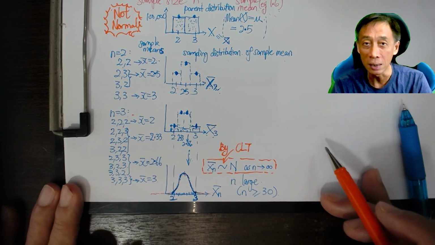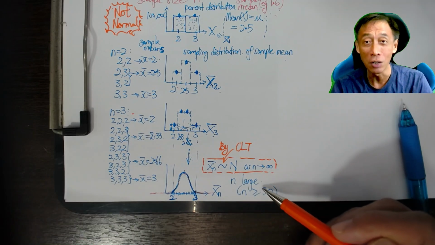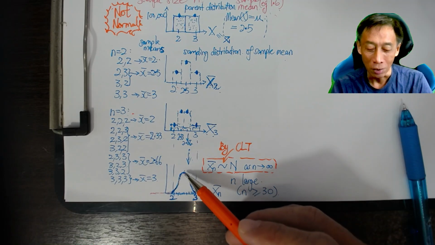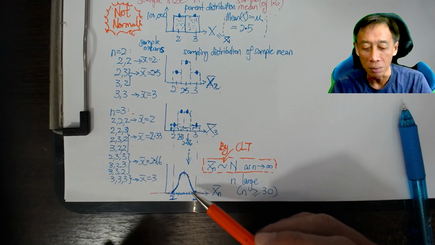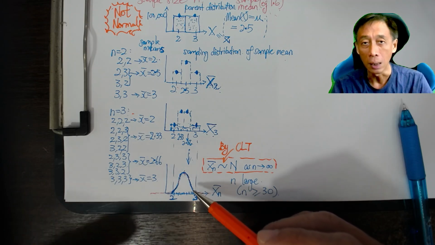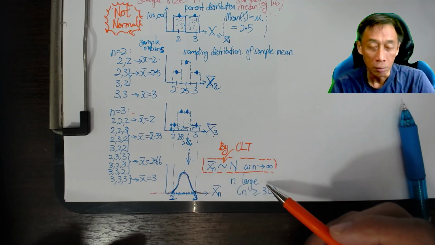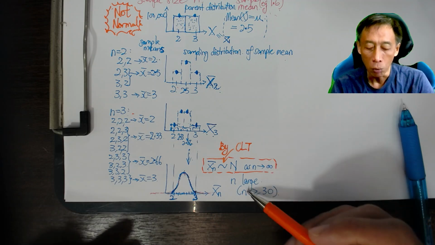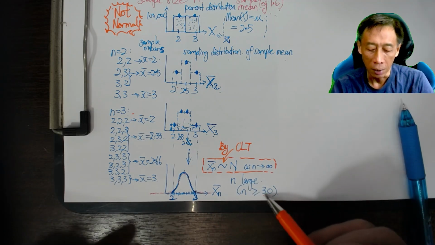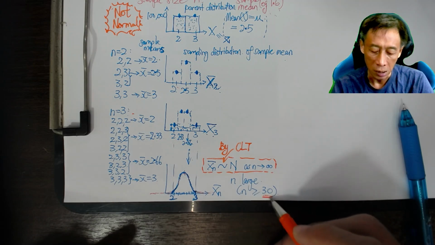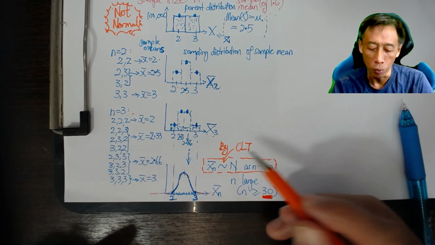CLT tells us how big an n you should jump to so that your sampling distribution approximates a normal curve very well. Reading the central limit theorem, we know the magic number is 30, so we start with 30. That's the contribution by CLT.